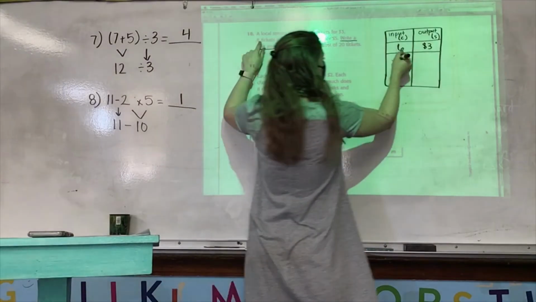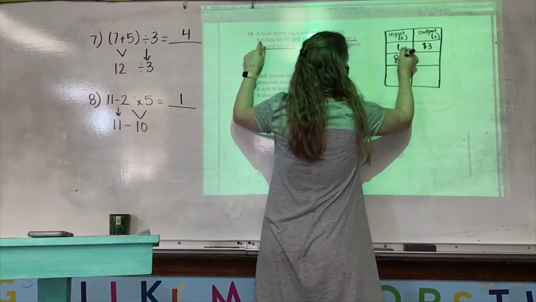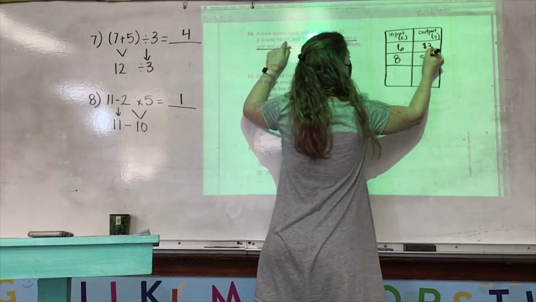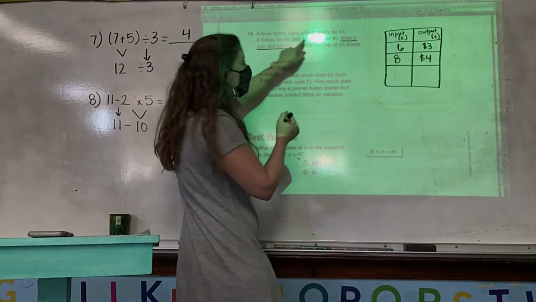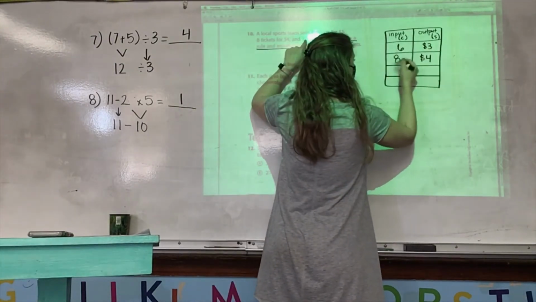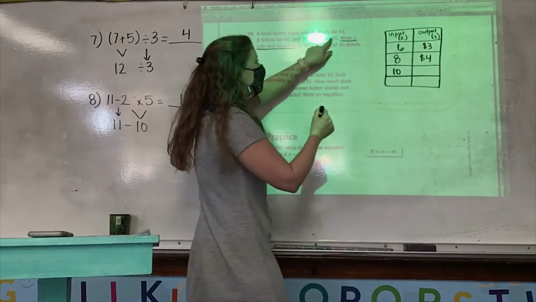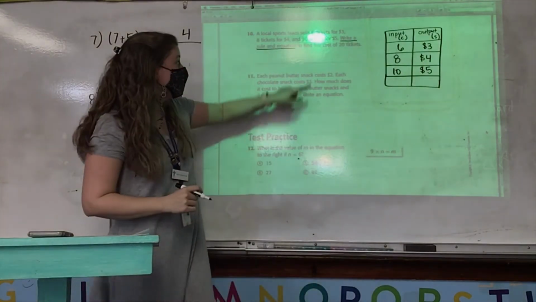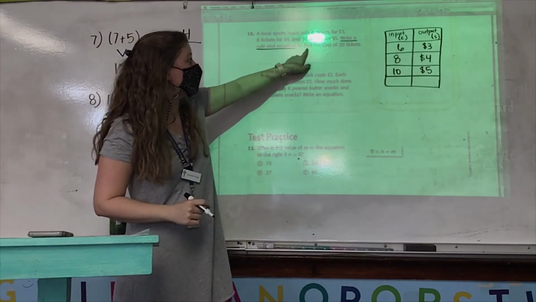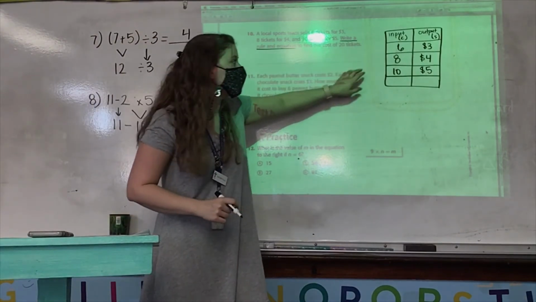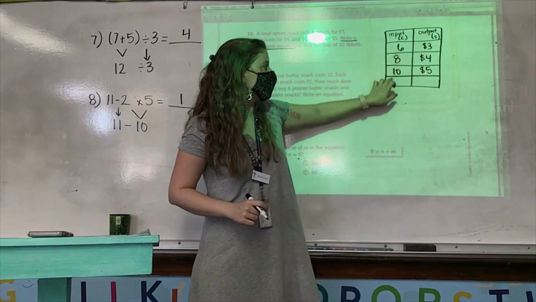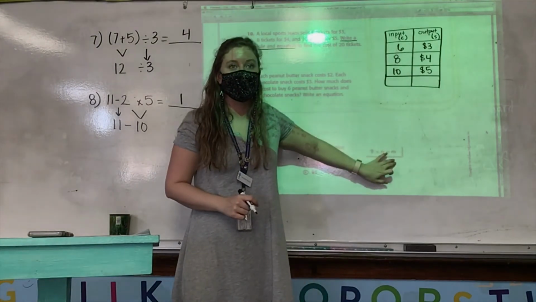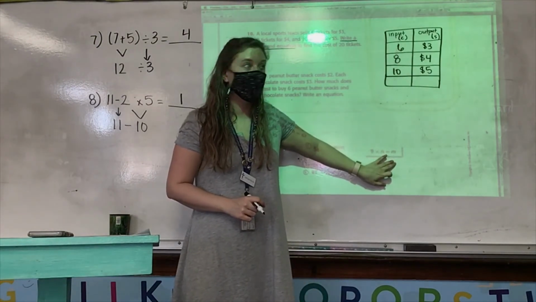If they sell 8 tickets, it costs $4. If they sell 10 tickets, it costs $5. Then it says, write a rule and equation to find the cost of 20 tickets. Do I have to keep going 6, 8, 10, 12, 14, 16, 18, whatever, until I get to 20? Aaron, what can I just do right here?